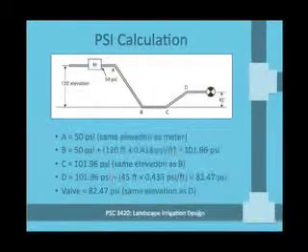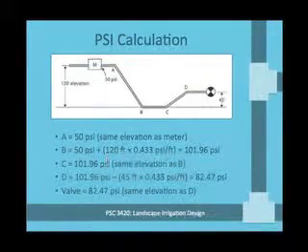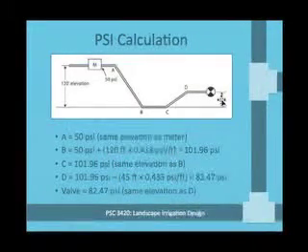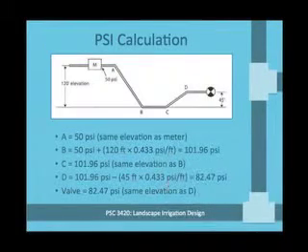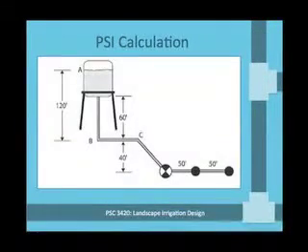And so we would take that 101.96, which is what's available here at C, and we would subtract 45 times 0.433 psi per foot and end up with 82.47 psi. So the pressure at the valve, which is at the same elevation as D, would also be 82.47 psi.